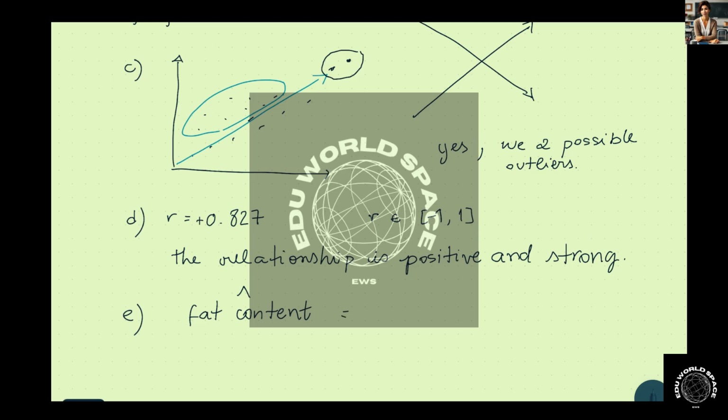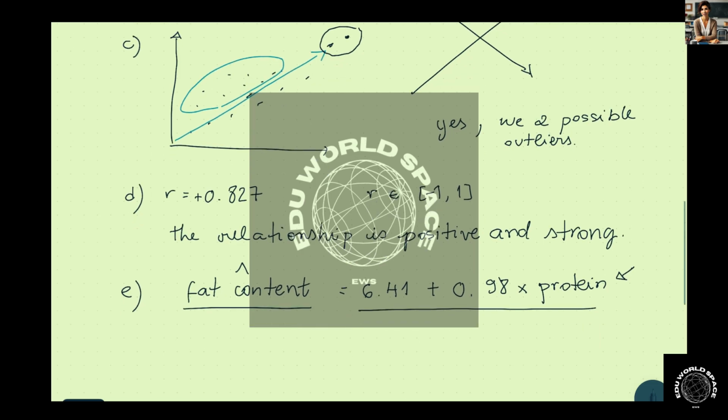Then we put the value of the intercept, which is 6.41. Then the value of the slope, 0.98, times the explanatory variable, so the protein. So this is the model that we have. We are estimating, or in this case, it's better to say predicting, the fat content using this equation, in which we use the protein content.